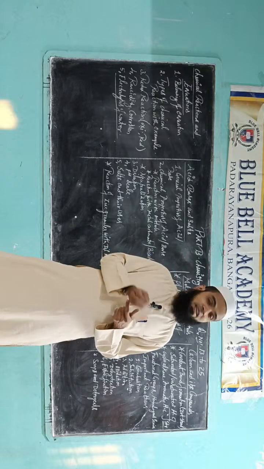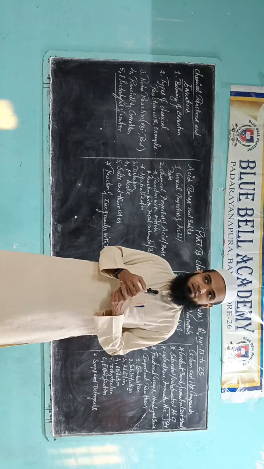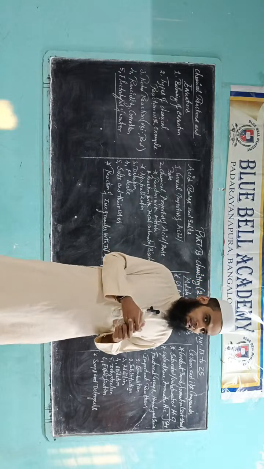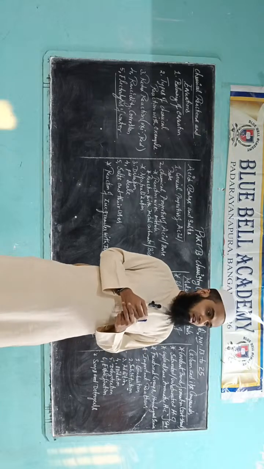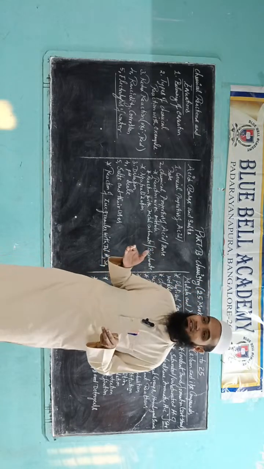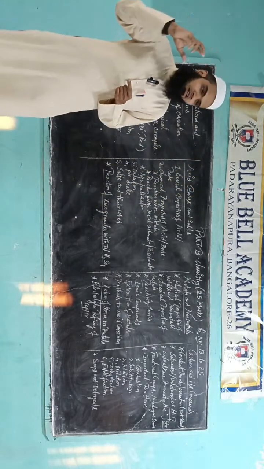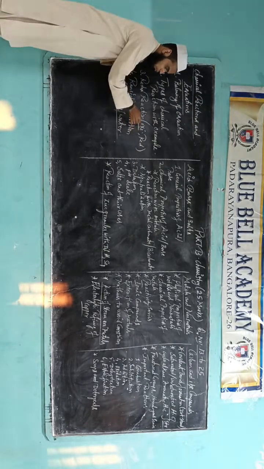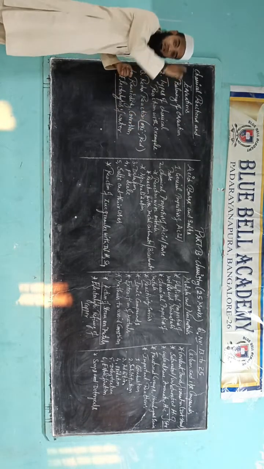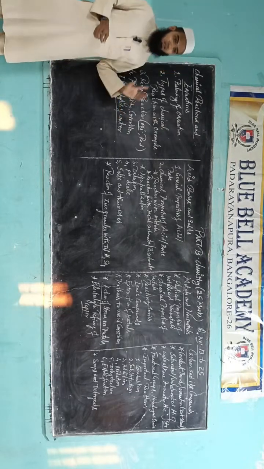Okay, and which chemical is used to avoid rancidity? Antioxidant chemicals are added to avoid rancidity. So the methods to avoid rancidity, and what rancidity is, should be remembered. And rancidity is an example of what type of reaction? Oxidation reaction.